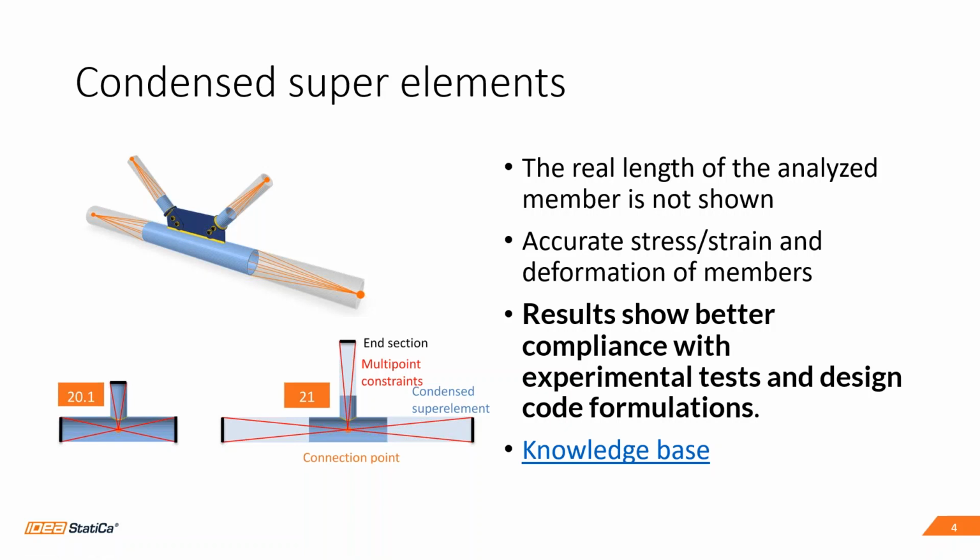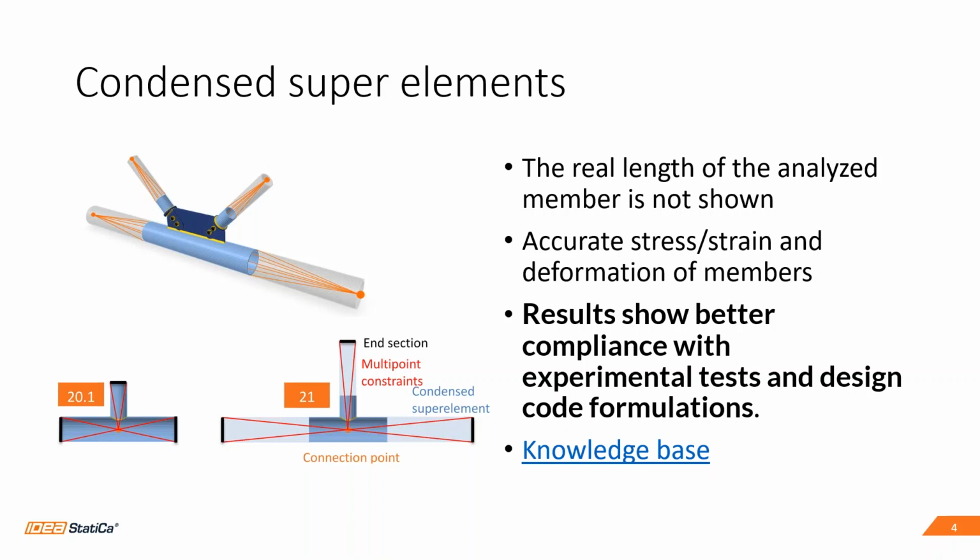It is just one element, but it allows any elastic deformation and stress to develop in the member ends, unlike the visible shell model. This was added in version 21.